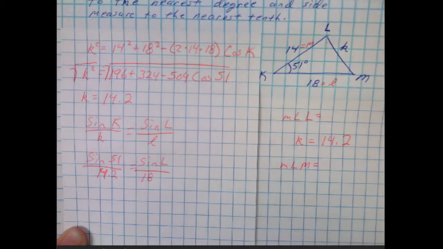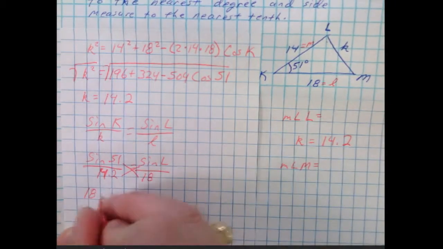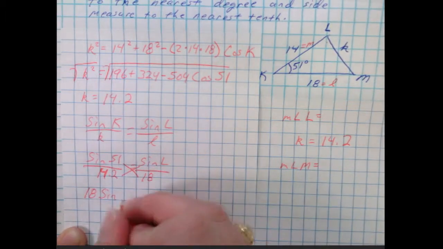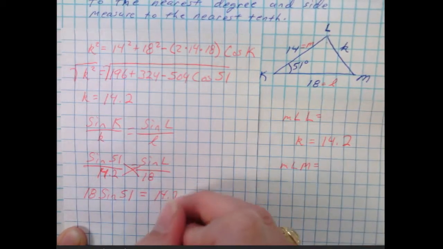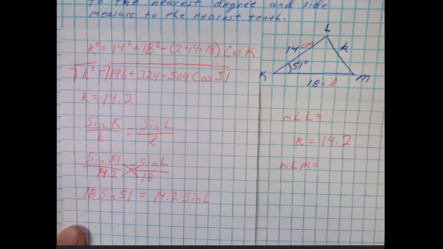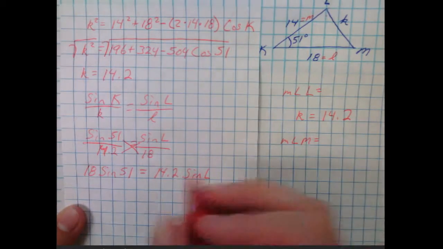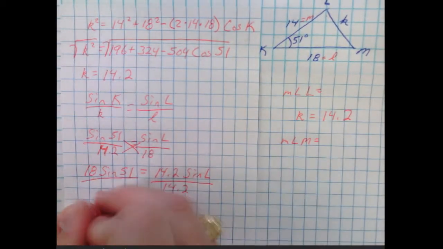Okay, so then from there we're going to be doing our cross products. So we have 18 sine of 51 equals 14.2 sine of L. So then from here we're going to divide by that 14.2 because we want sine L by itself.